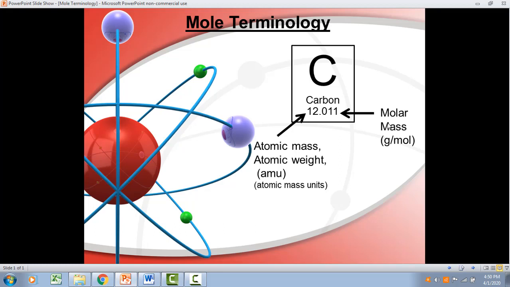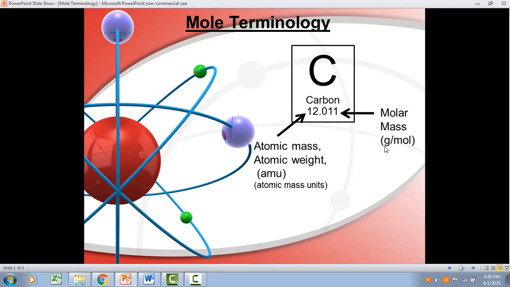So if I have 12.011 grams of carbon, I know I have 1 mole of carbon, or 1 Avogadro's number of carbon atoms, or 6.02 times 10 to the 23rd carbon atoms. So the molar mass is what we use in the laboratory because our balances measure in grams, and we can essentially count by weighing. If we weigh out 12 grams, I know I have 1 Avogadro's number.